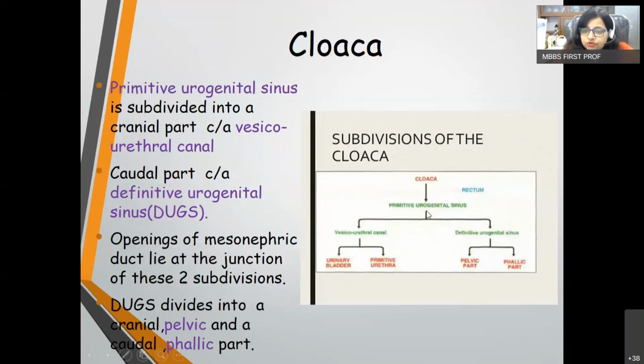So, this primitive urogenital sinus again subdivides into definitive urogenital sinus, that is further subdivided into pelvic part and the phallic part, and the vesico-urethral canal. Vesico-urethral canal is basically made up of two words, vesico and urethra. So it forms the urethra, and the vesico is in context with the urinary bladder. So it is the urinary bladder and the primitive urethra that are formed from the vesico-urethral canal.